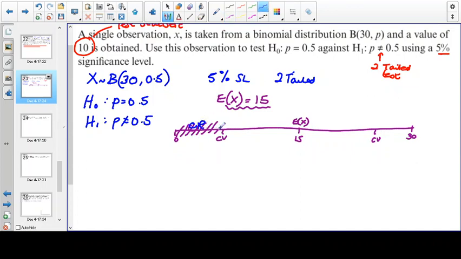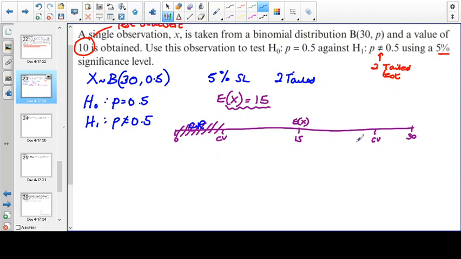So there's some value here whereby anything less than that would fall in the critical region, and if our test statistic lies in that critical region, then that will be enough evidence to reject H0.